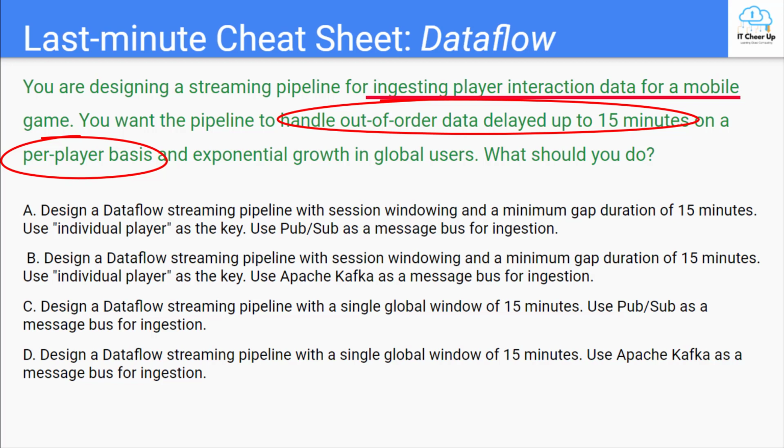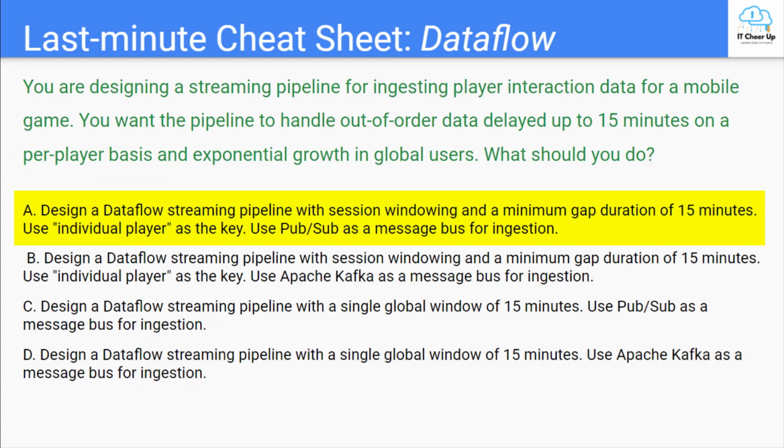We can't use the single global window on a per player basis. The question didn't mention any on-prem Kafka messaging or specific messaging requirement, so the correct answer is A. Choose session windowing with a minimum gap duration of 15 minutes and use Pub/Sub as the message bus for ingestion.